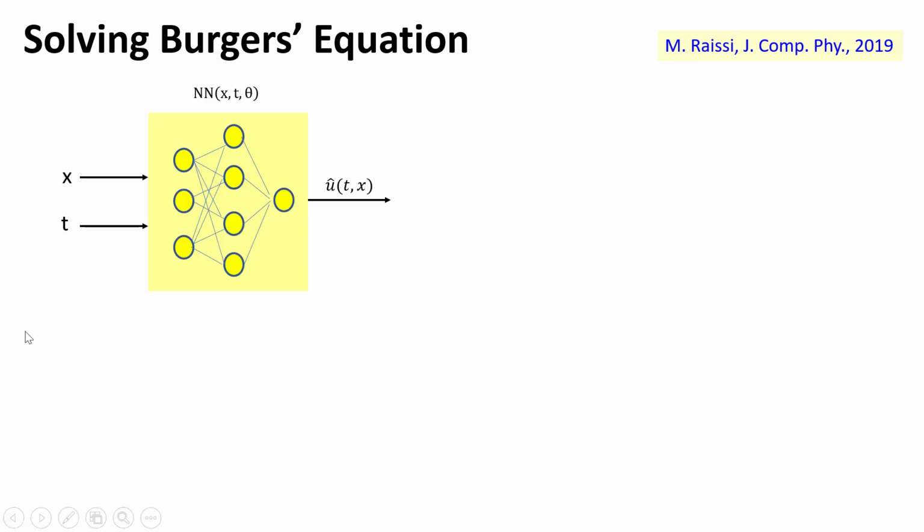So how can we now use our ideas to solve this equation? In this case, we have two inputs, x and t. It's a partial differential equation. So a neural network essentially consists of x, t, and theta, and we have multiple layers, and it provides u hat of t, x as an output, which is considered a solution to the problem.